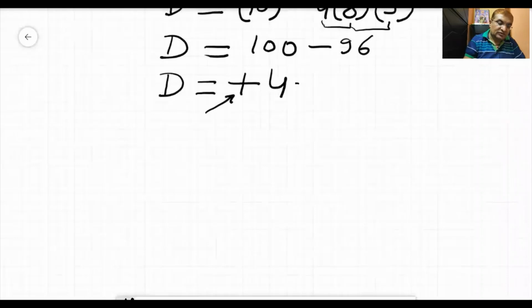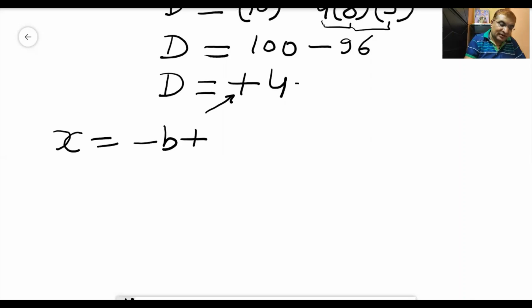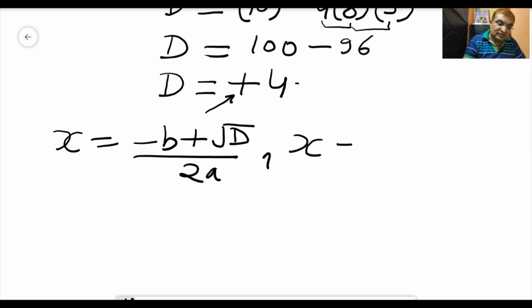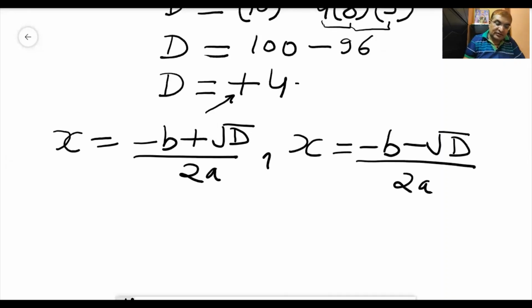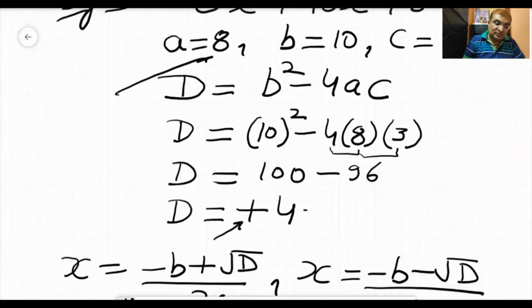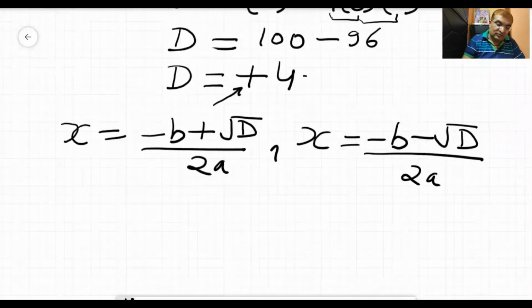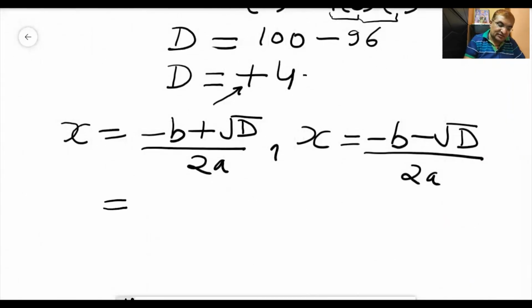Now you must know that there are two roots. We calculate those roots by applying the formulas minus b plus root d upon 2a, and the other one is also minus b minus root d upon 2a. Now just look at the values. B was 10, so at both places it will be 10.